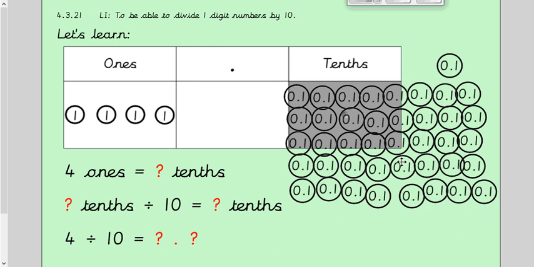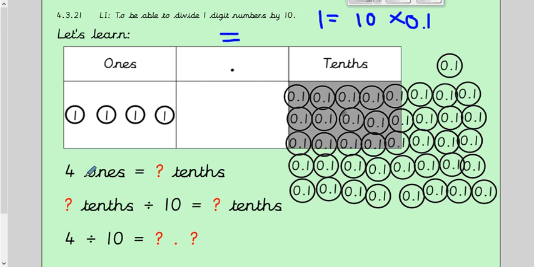Okay, so I've got my 40 tenths because there are 10 tenths in 1. So if we remember from last time in the other lesson, 1 whole is the same as 10 times 0.1, isn't it? 10 lots of tenths are in 1 whole. So if we have 40 tenths, which is the same as this, so I'll put an equals there so we know it's equal.